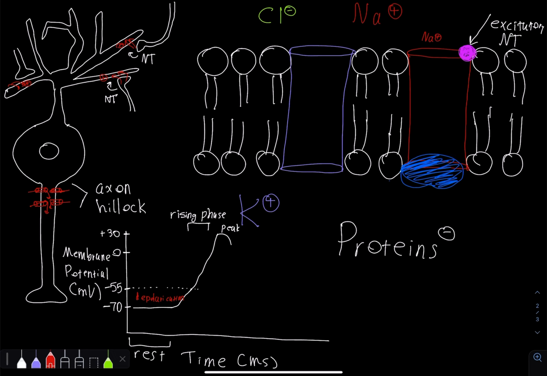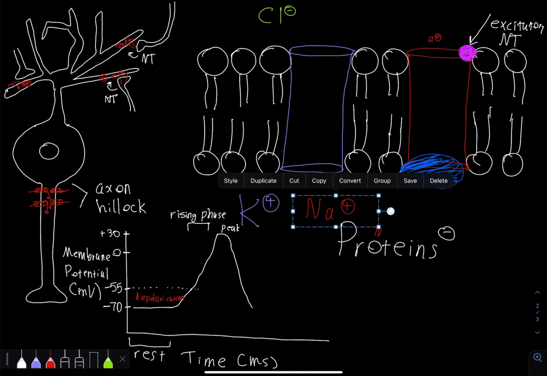So we're not going to keep going up. Our sodium is not going to keep coming in. We're not going to keep depolarizing. Instead, we're actually going to go down. So how are we going to go down? If we want to go down, something negative has to come in or something positive has to go out. What's going to happen is that potassium ions are going to be like, ooh, it's really positively charged in here now that there's sodium inside.